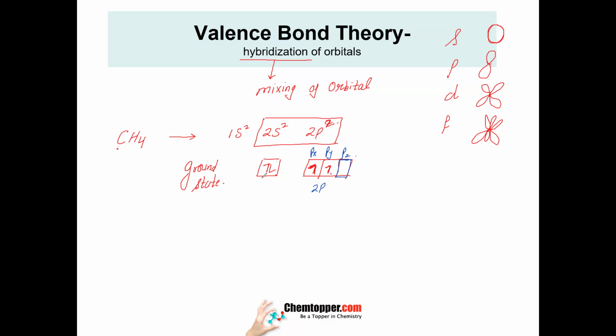So one electron jumps from here, right? One electron jumps from here to here. Then how many unpaired when the electron jumps? 4. And then if it has 4 unpaired, then it can make 4 bonds to complete the octet. Now it can make 4 bonds.